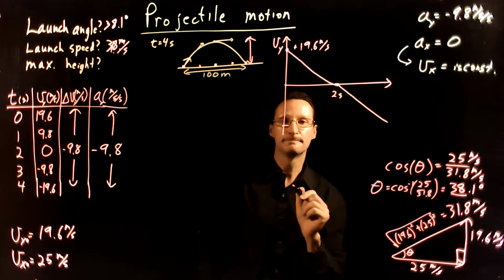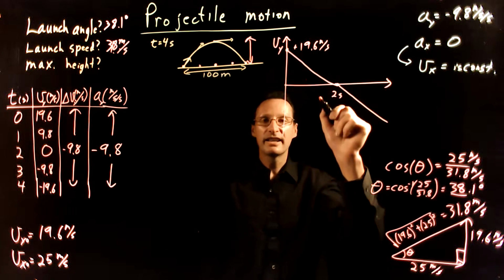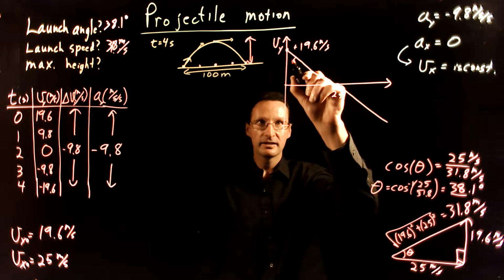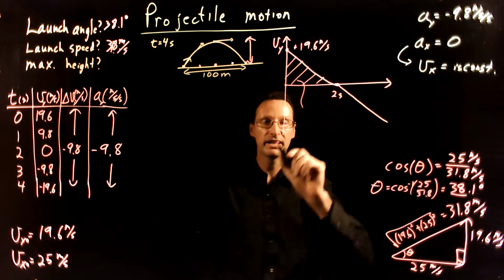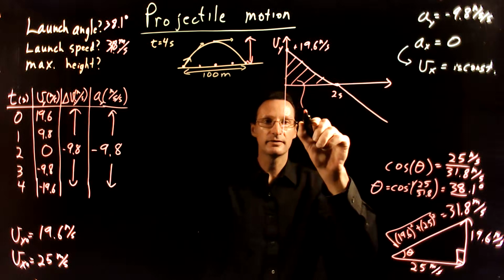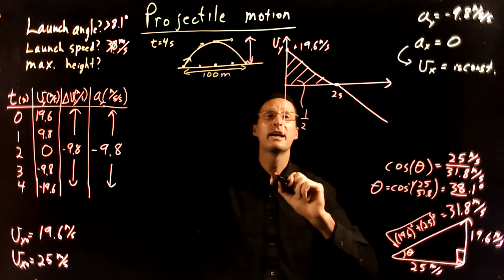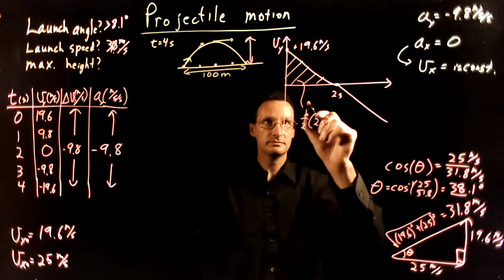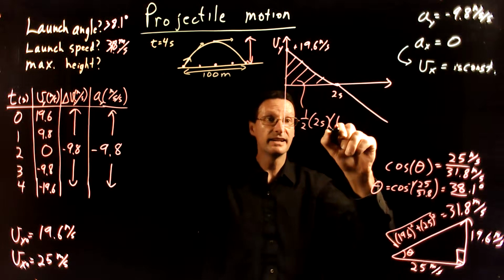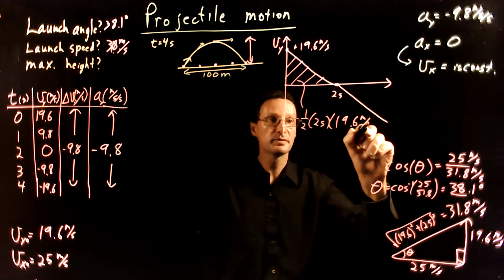That's right there. Well, I can find the displacement of this. I know how to analyze these graphs. So let me find the displacement. That would be the area under this part of the curve. And that's a triangle, so I use half base times height. The base is 2 seconds, and the height is 19.6 meters per second.